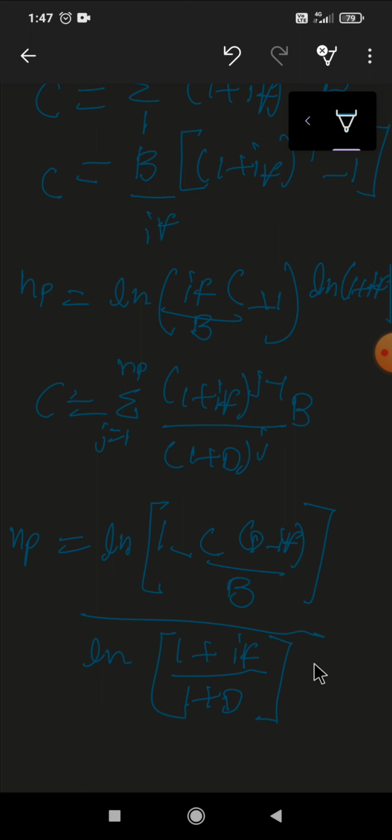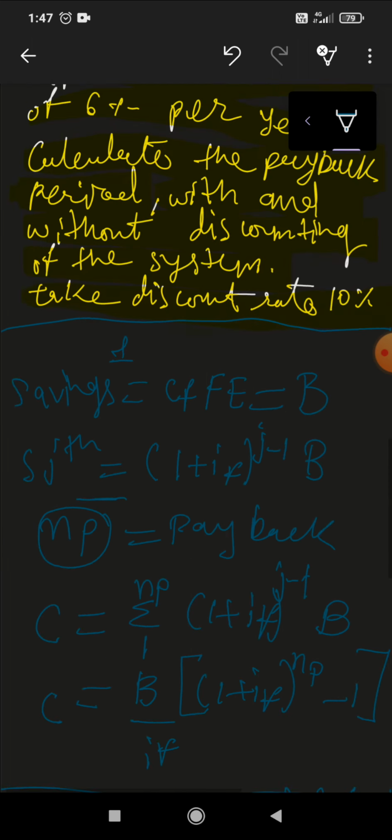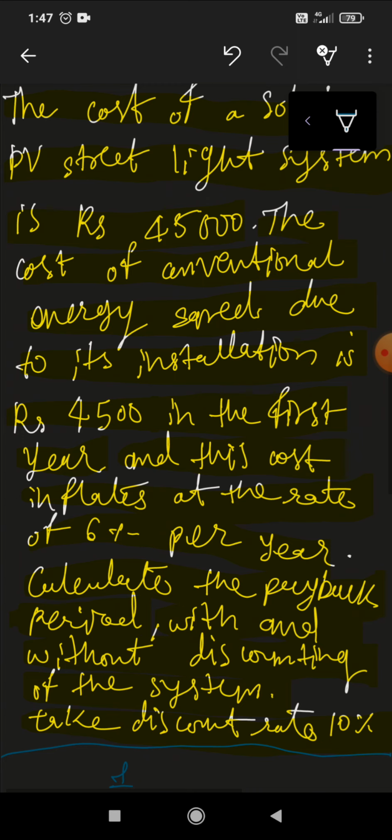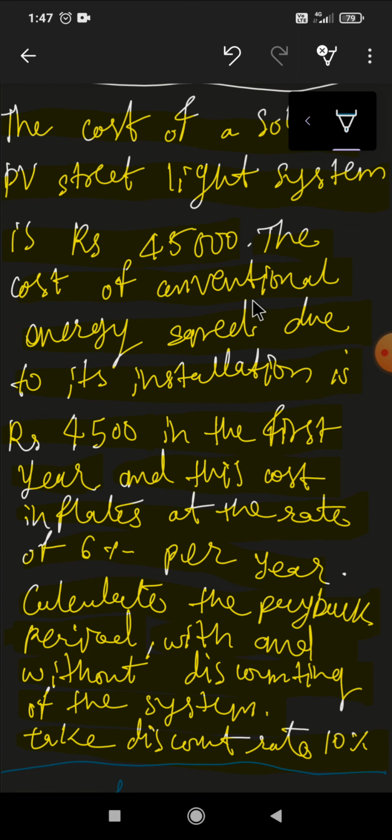So for these two equations, one is without discount and the other with discount, we have to use both equations in the above example. We will go first with the case without discount, so we'll get back to this example.